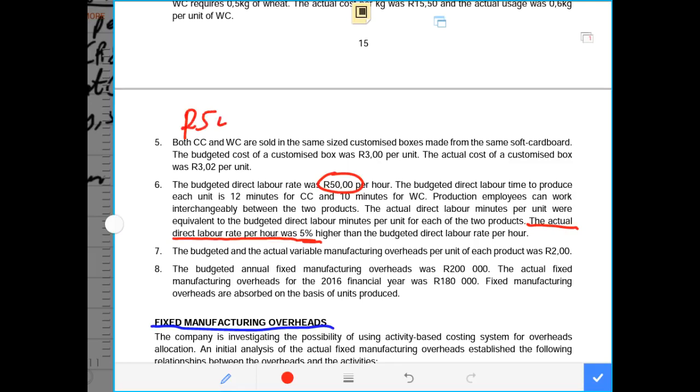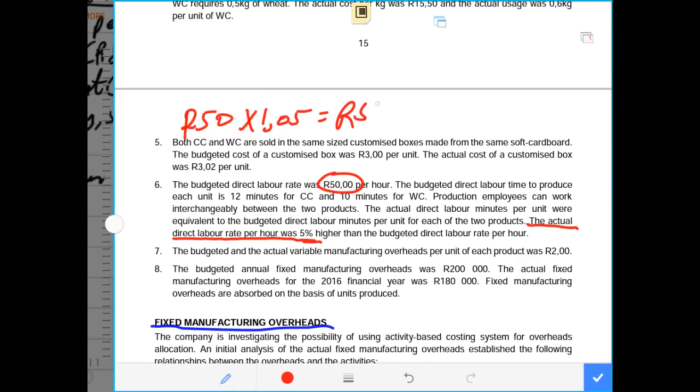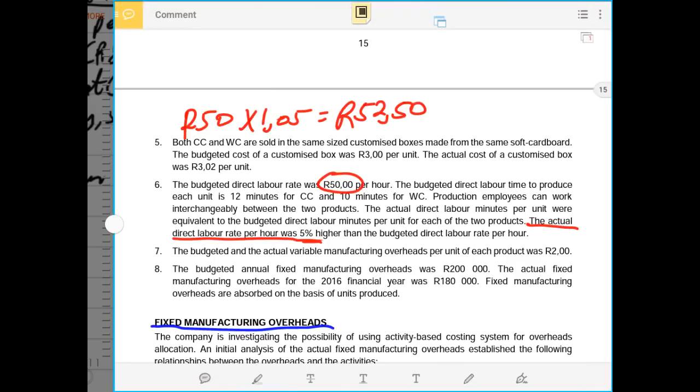So if we increase 50 rand per hour by 5%, that will be 50 rand times 1.05, which is 52 rand 50 cents. Meaning the actual labor rate was 52 rand 50 cents, no longer the same as budgeted.